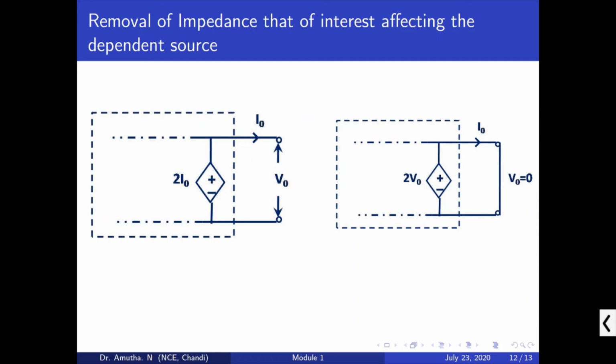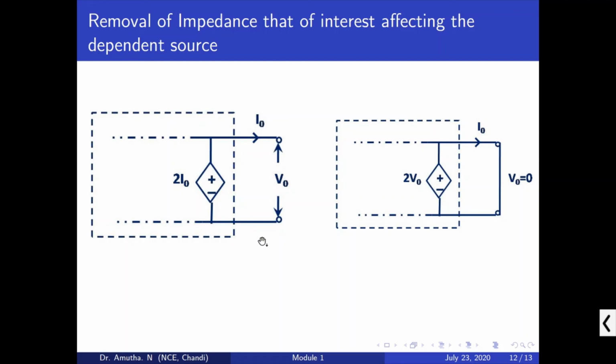We discussed this slide in the superposition theorem too, but here there is another point. Earlier we saw that removal of any independent source may affect the dependent sources, and then we cannot use that circuit. Here it is the removal of the impedance of interest, the one through which we are trying to make an equivalent circuit.